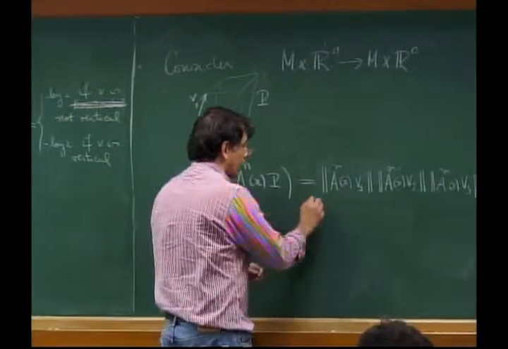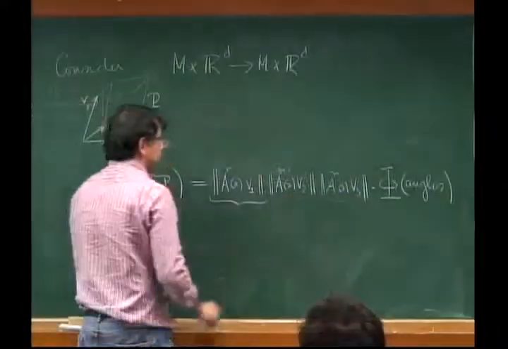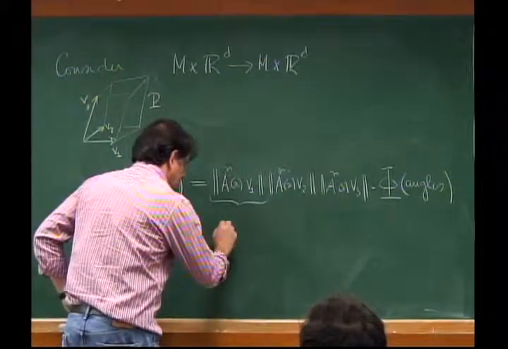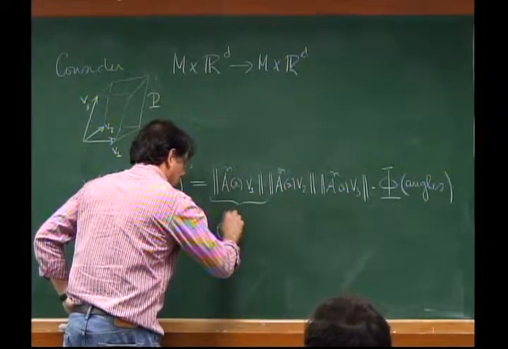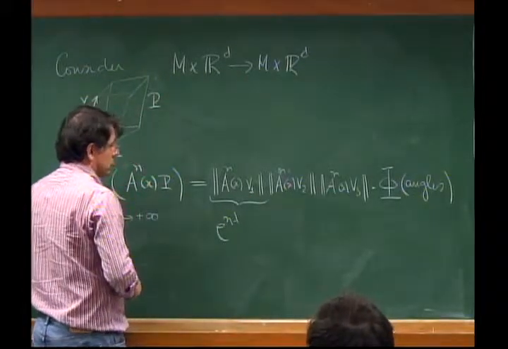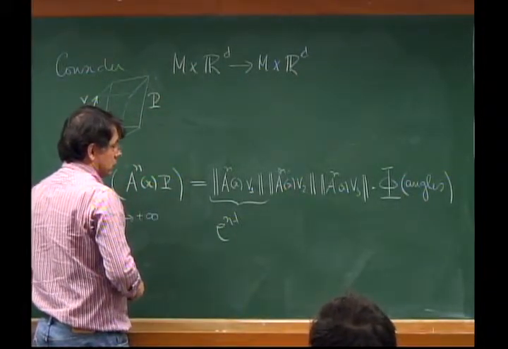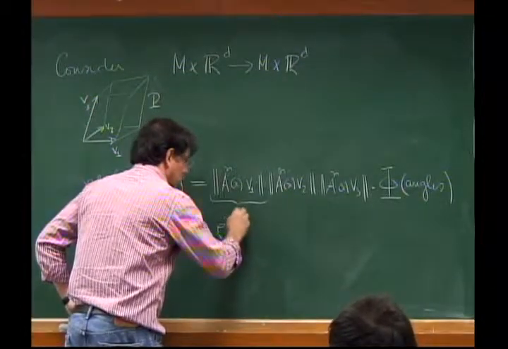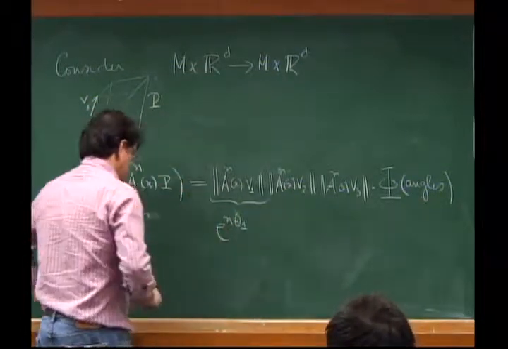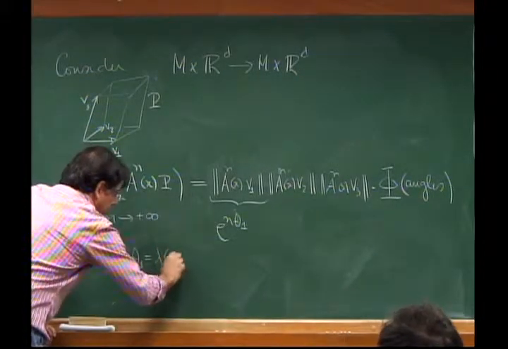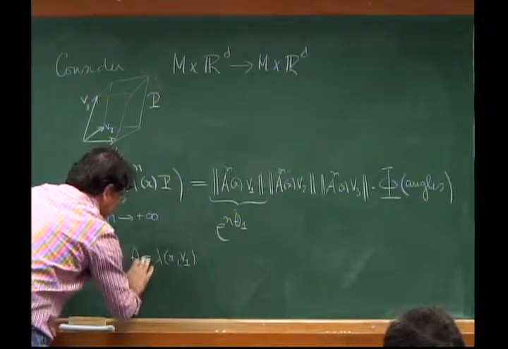Now, this thing here grows like e to the n theta 1, where theta 1 is just the Lyapunov exponent for the vector v1.